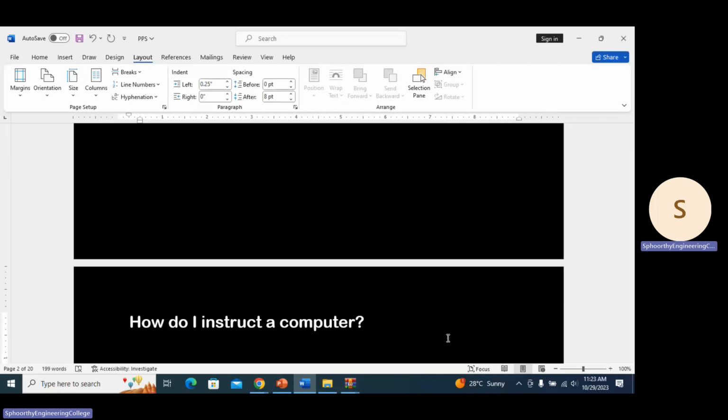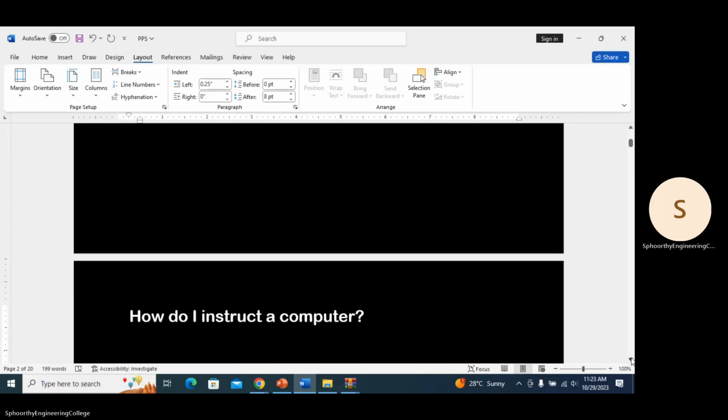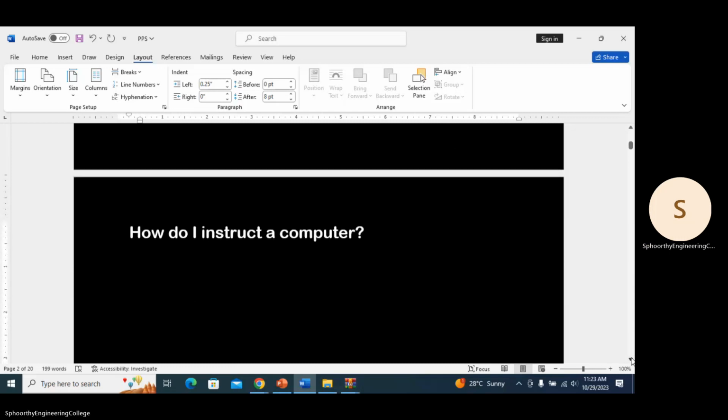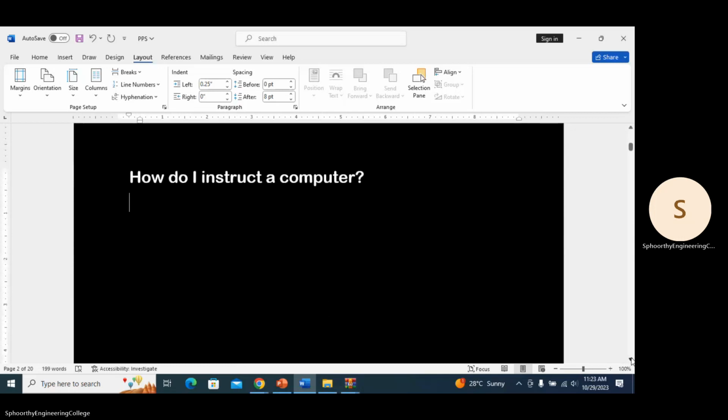So how do I instruct a computer? That is the challenge. In order to address this challenge, first of all, we should understand what a computer is. Yes or no? So friends, how do I instruct a computer? First I need to understand what a computer is.